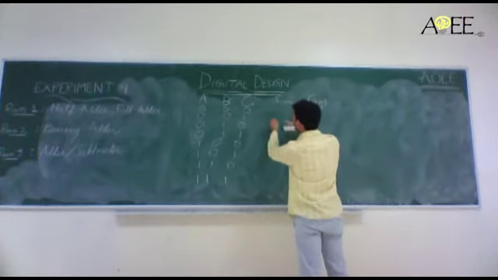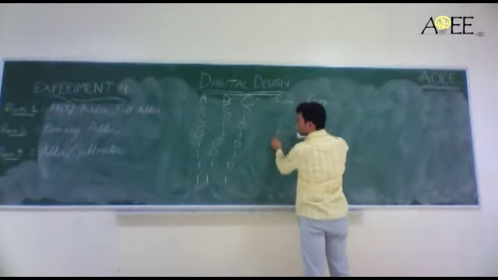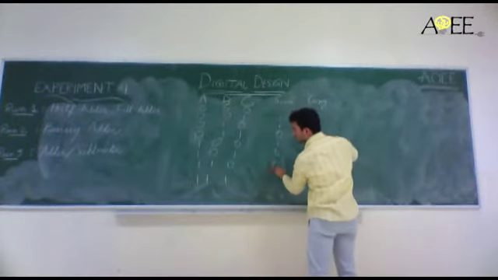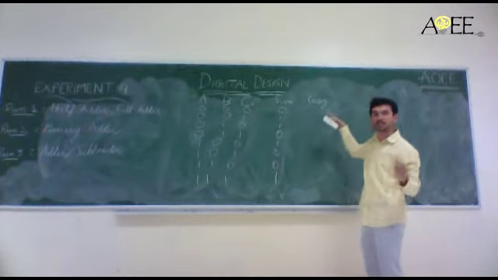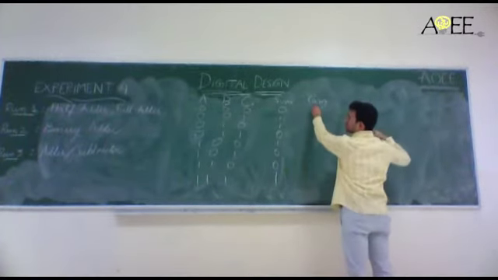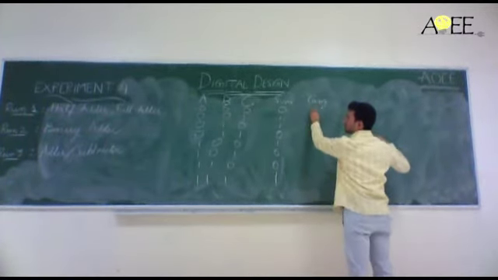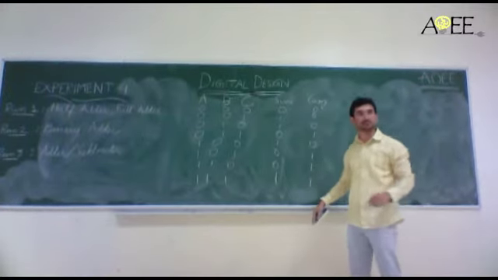For sum, this will be 0 1 1 0 1 0 0 1. So this is the sum function, and for carry, the majority is 1, so output is 1. So this is 0 0 0 1 0 1 1 1. So this will be the carry function.